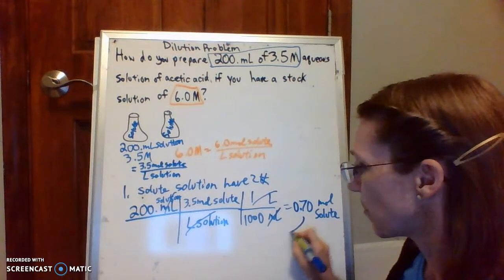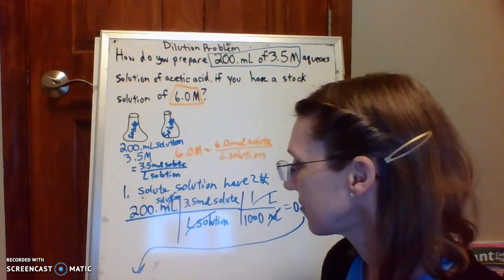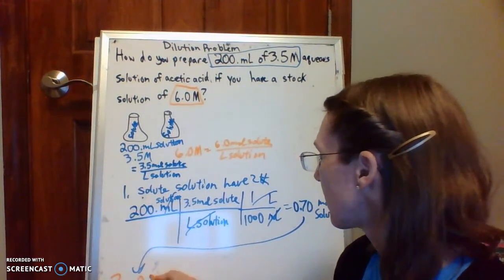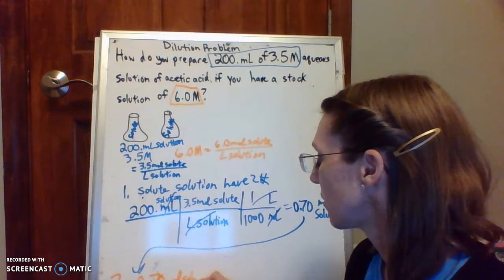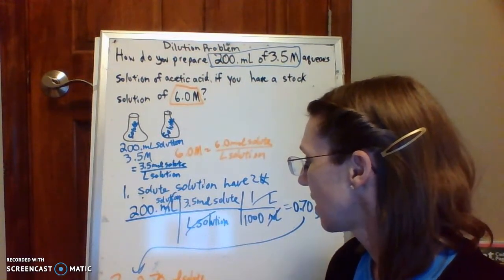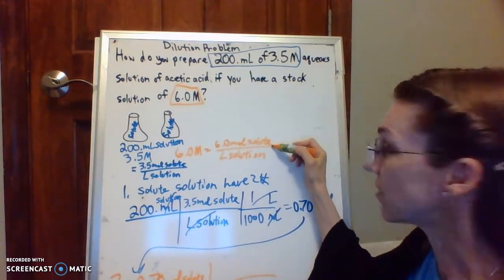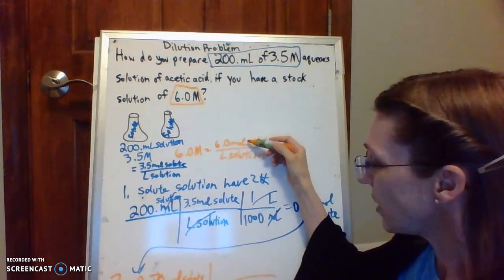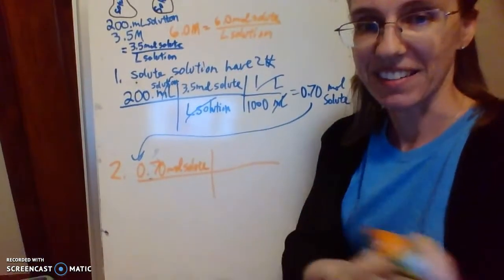Now that's the number we use in our second calculation. So in our second calculation, we're going to start off with the number we just calculated. That's how many moles of solute we need. And we're going to use our second solution concentration. So we've got moles on the bottom. We've got moles on top. Let me move this down so you can see it.